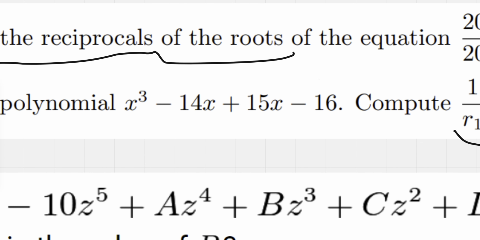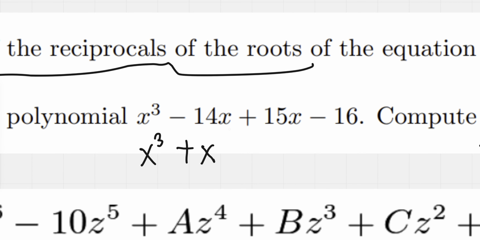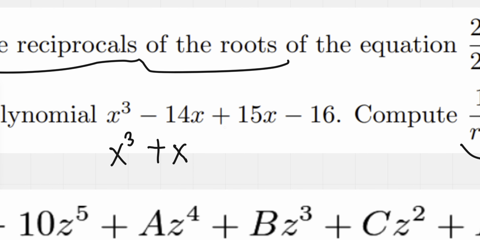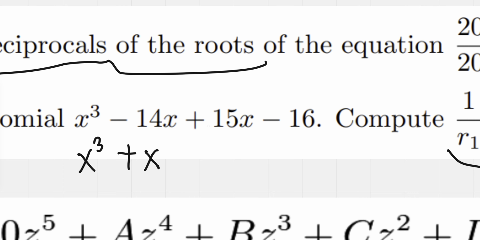Now let's go back to the polynomial that we're given. We're given x cubed plus x, crucially, there's no x squared term. Remember, the term with one power lower than the highest is the sum of the roots, which means the sum of the roots here is 0. So we have x cubed plus x minus 16.